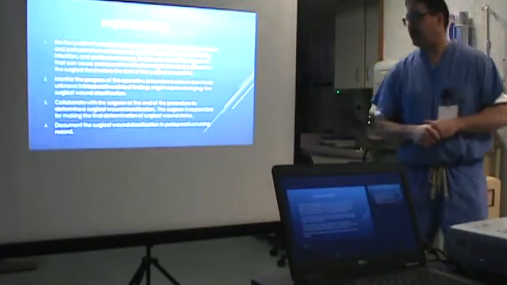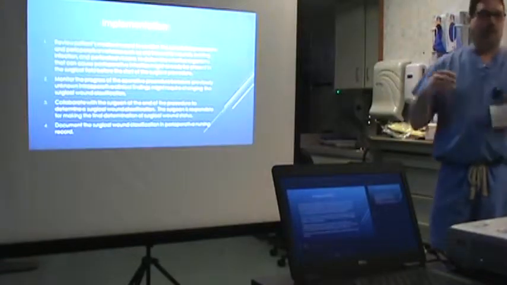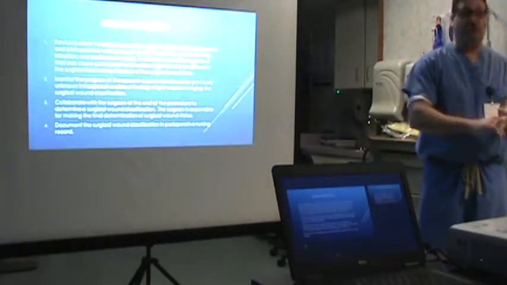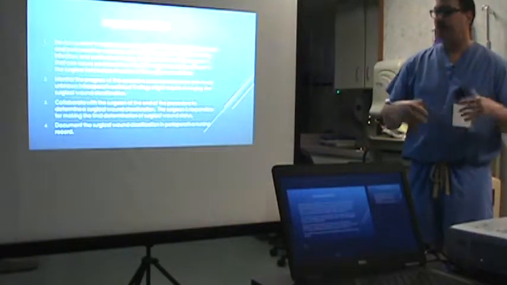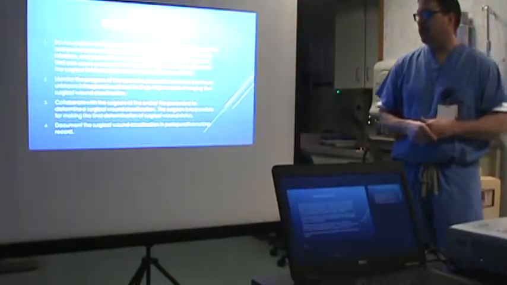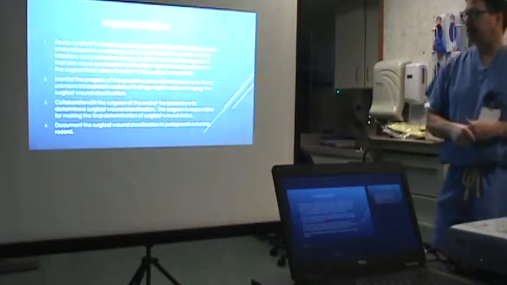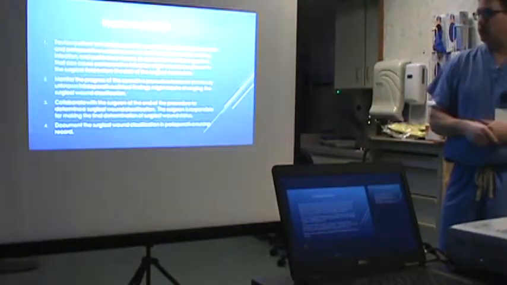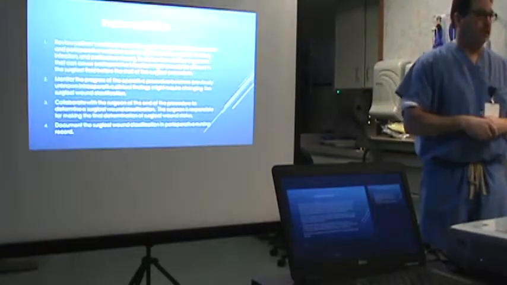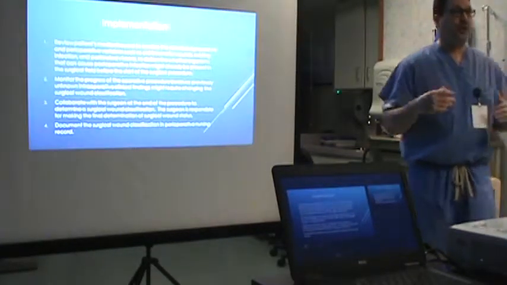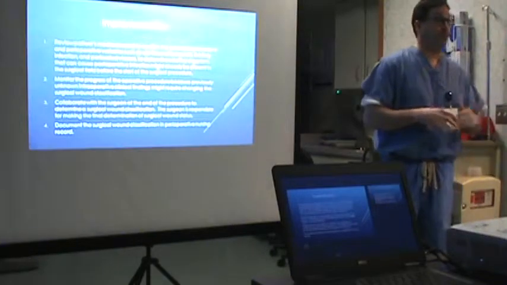Monitoring the progress of the operation. Again, looking for breaks in technique, looking for gross spillage of bile or of GI contents, paying attention to what's going on in the field. Working with the surgeon at the end of the procedure to determine the surgical wound class. I venture to say that doesn't happen on a routine basis where we're actually having a discussion with the surgeon and saying, what is your wound classification?